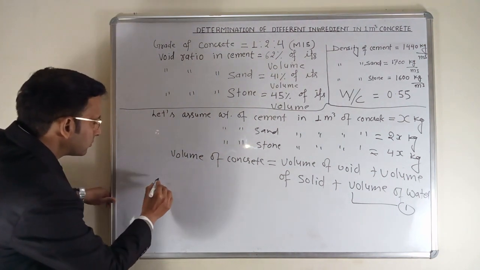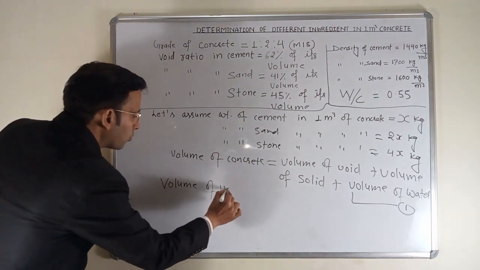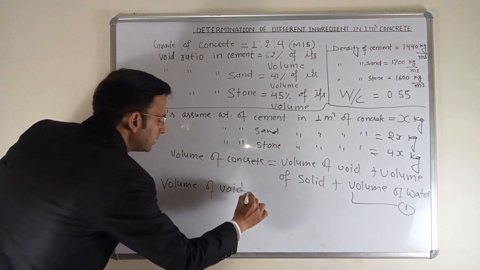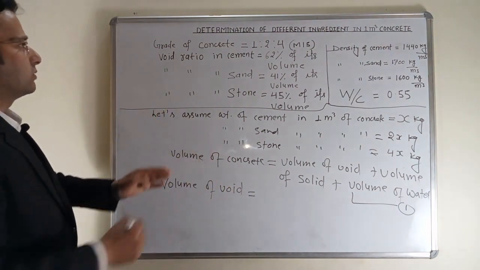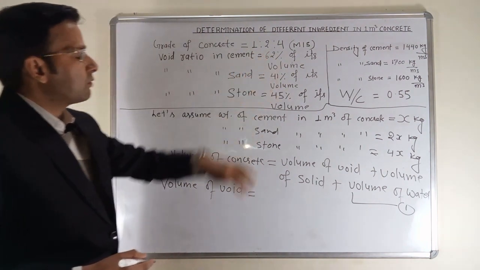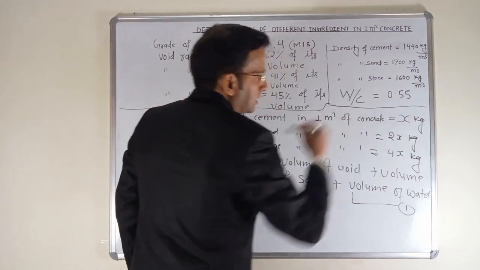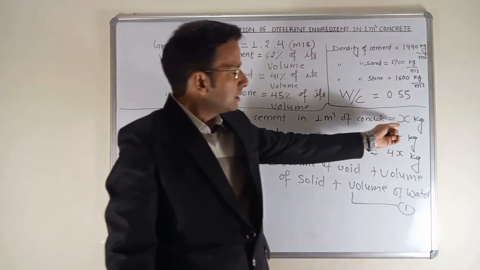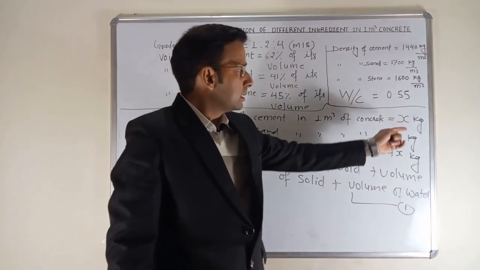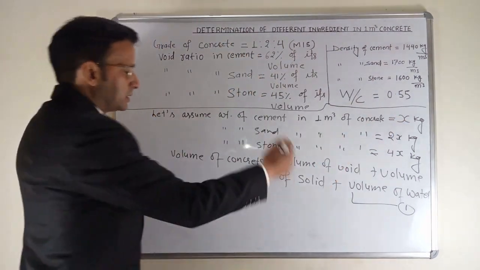Now the volume of void. What will be the volume of void? As we are given, for cement 62% of its volume. The weight of the cement is x kg. If we divide weight by density of cement, we get the volume of cement.